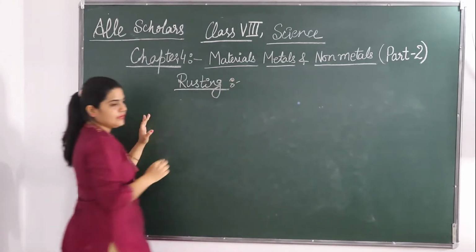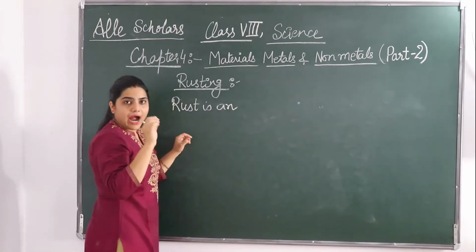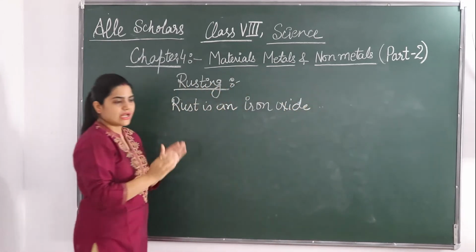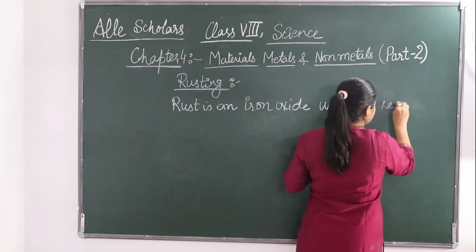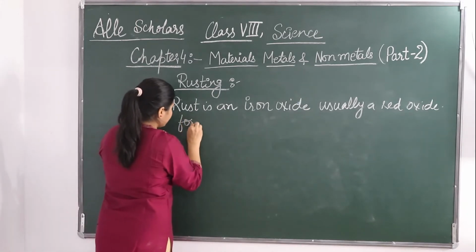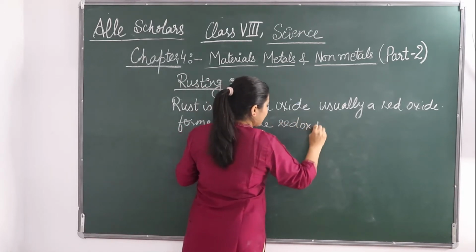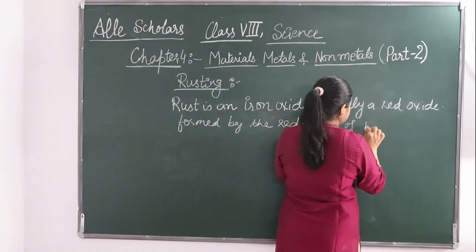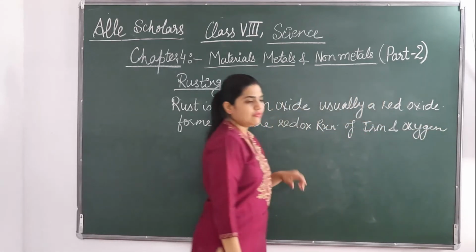let's see how we can define rusting. Rust is an iron oxide, usually a red oxide, formed by the redox reaction of iron and oxygen in the presence of moisture or water.